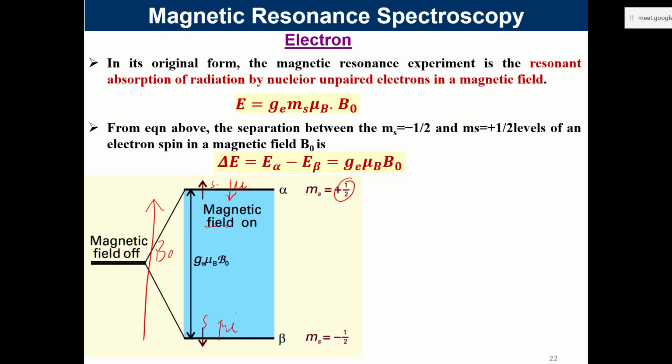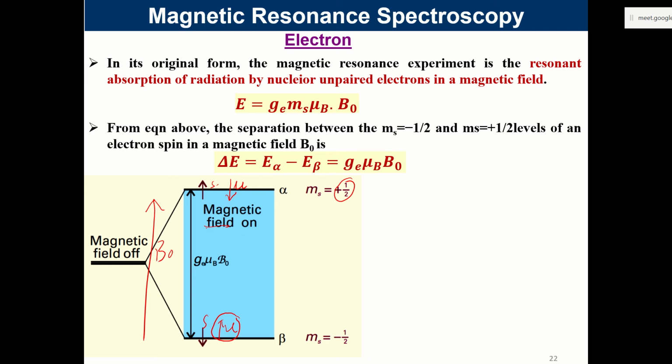So that is aligned with the magnetic field. I told you the basic concept. When you look at a bar magnet, when its magnetic moment is aligned along the magnetic field direction, that gives you the lowest energy state. Remember, this is always the case, whether it's an electric field or a magnetic field.